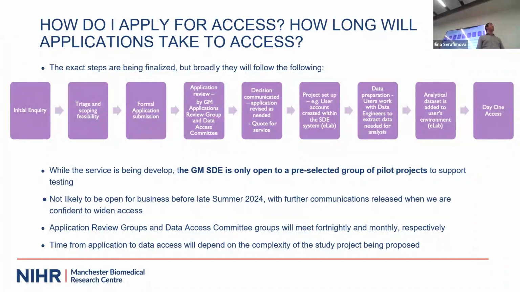So depending on what batch we go in, that's the lead time for that. Obviously, simple projects will move through this quicker than more complex projects. So, for example, if you're hoping to bring in your own data, then that's obviously going to take a little bit longer to go through this than just planning to use the primary care record, for example.